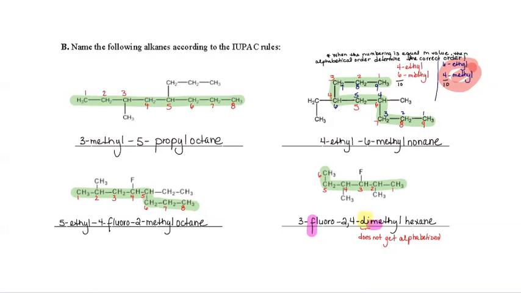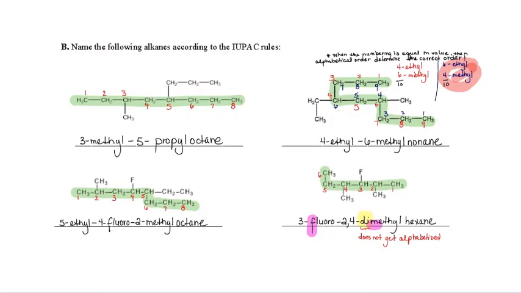Then after that, we're going to start numbering from the end that is closest to a substituent. After we have done that, the last word in our naming is the name of that parent chain, alkane. Then as a prefix of that, we're going to give the location and the names for the substituents. And we have to remember that we have to place them in alphabetical order.